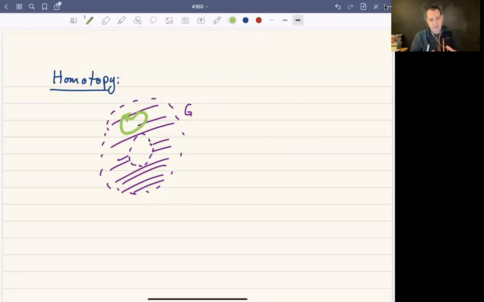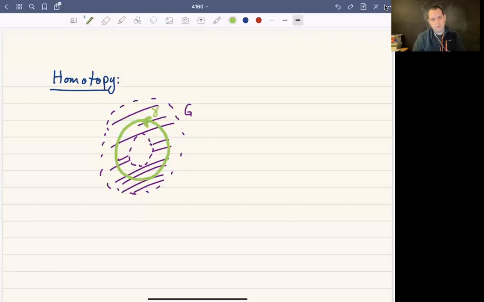You could take that green curve, so this is our gamma now, and you could contract it to a point. What that means is that you can take this curve and make it as small a circle as you want. In fact, you can make it a circle with radius 0. You can make it a single point. That's what a contractible curve means. So when we say gamma is contractible, we mean that we can homotopically translate it to a single point. That's in contrast to what happened before.